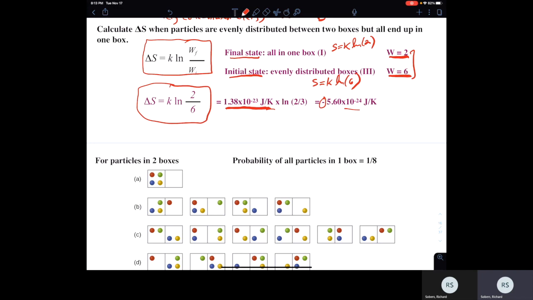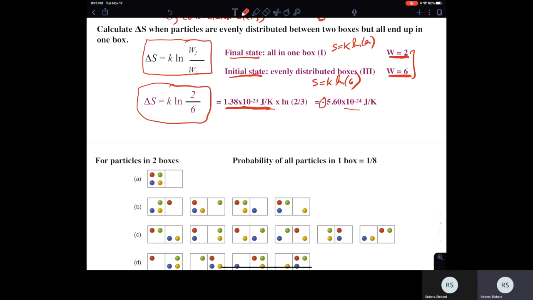when you're talking about this Boltzmann constant, this 1.38 times 10 to the minus 23rd is not a per mole number. It's the molecular level, if you will. So you'll notice it's 10 to the minus 23rd.